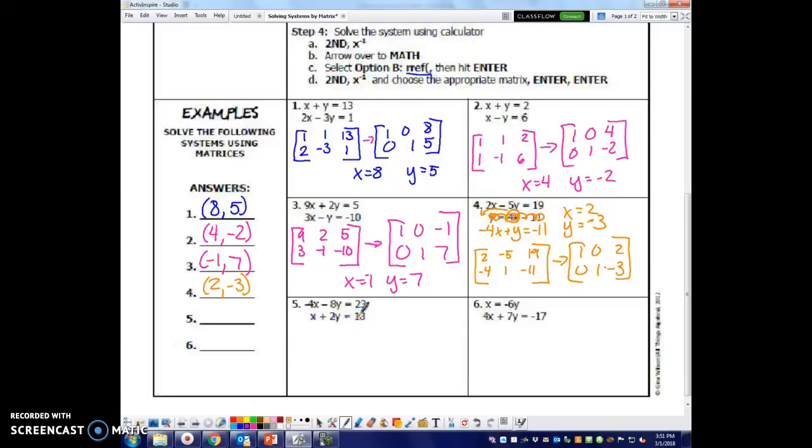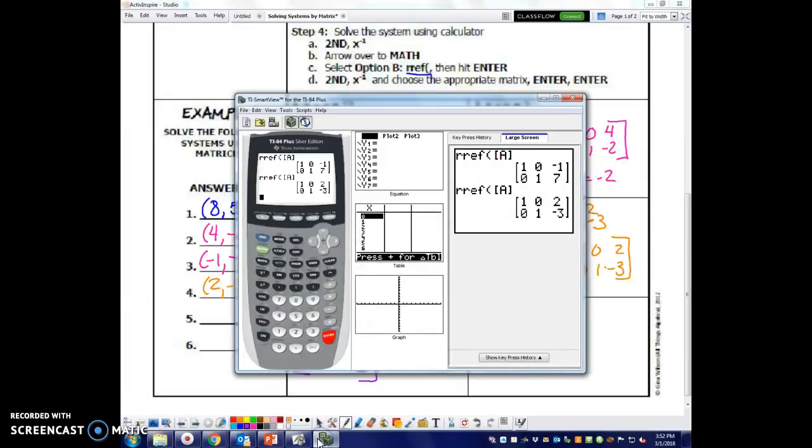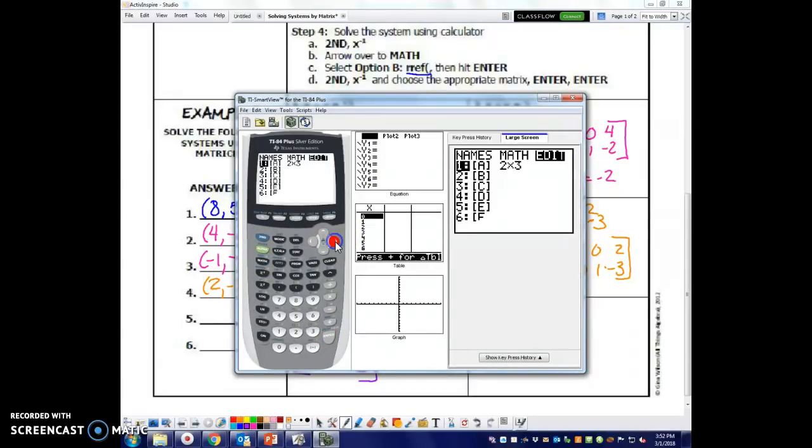All right, so we're going to put in negative 4, negative 8, 23. Then we have 1, 2, 13. Calculator. Second matrix. Over to edit. It's a 2 by 3.